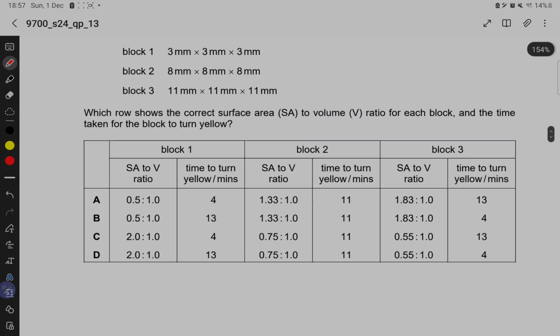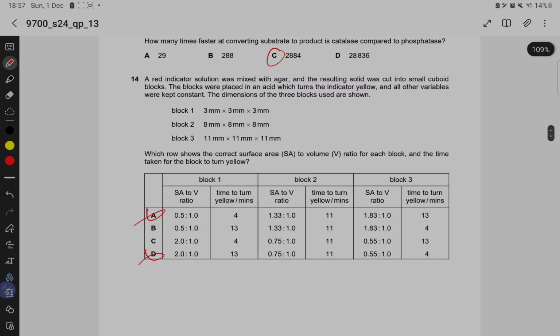The ones with the highest SA to V ratio will have the least time to turn yellow. So A is wrong, just by seeing that. And D is wrong. So it's down to B and C, because they match that description.